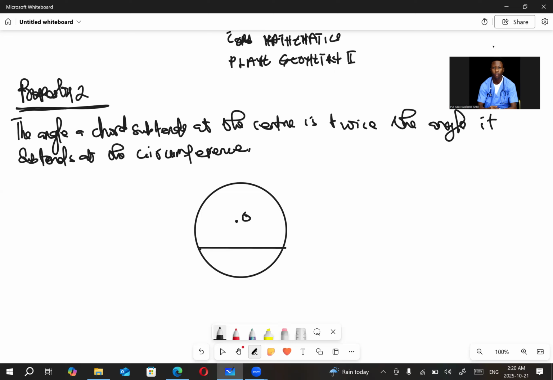Now, this chord can be made to raise an angle at the center, like that. It's all about end to end: a line coming from one end, another line coming from the other end. So this chord has raised an angle at the center.